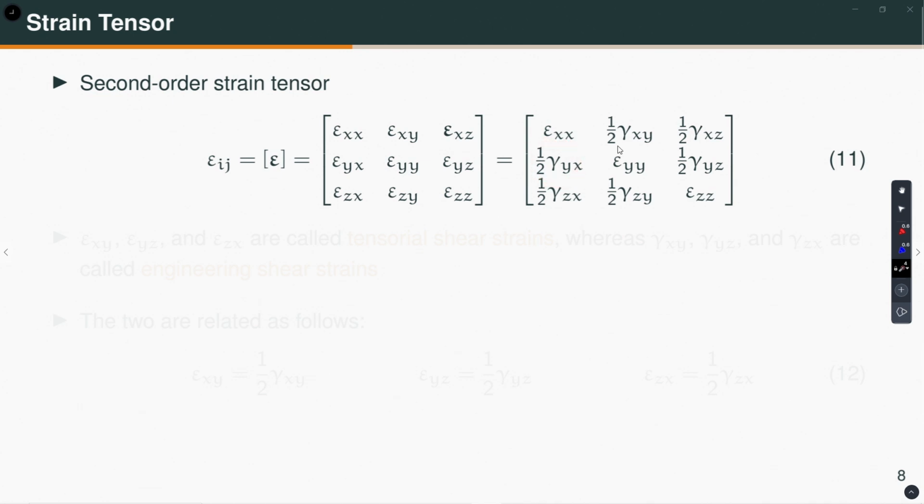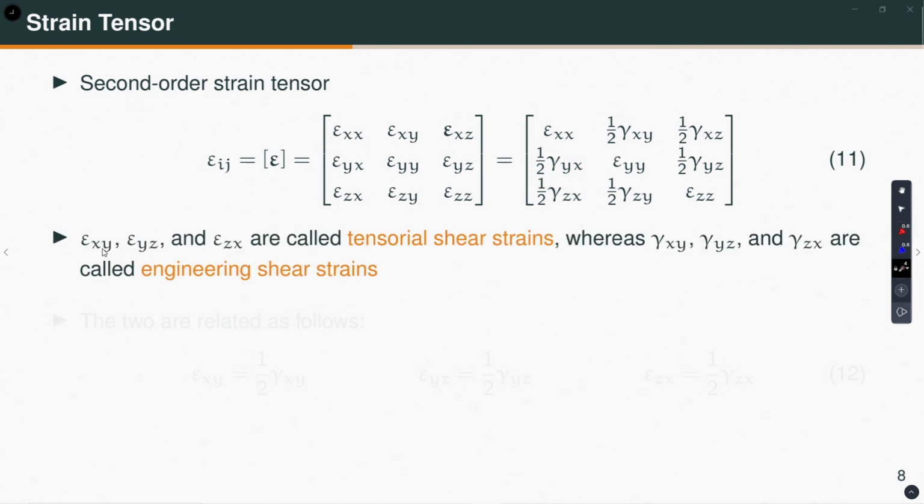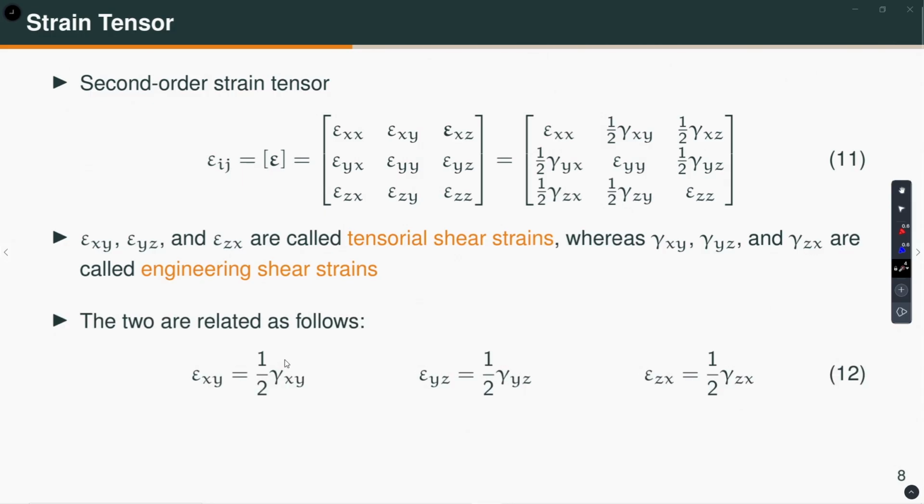So, this epsilon xy, yz and zx are called tensorial shear strains, whereas gamma xy, gamma yz, gamma zx are called engineering shear strains. And the two are related. Just to remind you again, epsilon xy is equal to 1 by 2 gamma xy, epsilon yz is 1 by 2 gamma yz and so on.